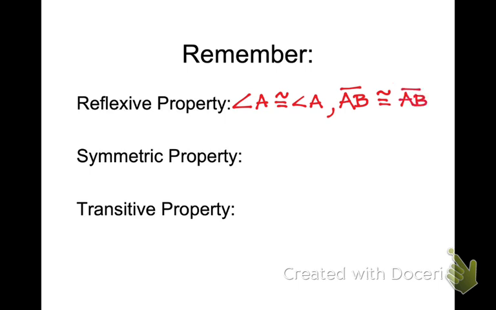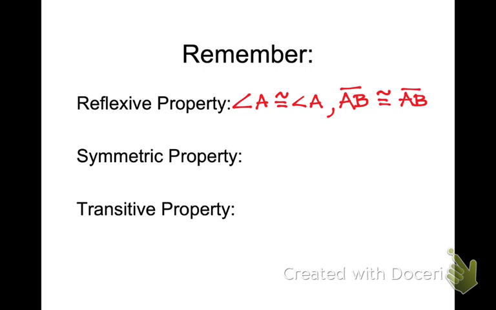Reflexive property. Now remember, in naming line segments, does order matter? Is line segment AB the same as line segment BA? Yes, it is. With rays, order does matter, rays would not be the same. But with line segments, the order doesn't matter. And there will be some times where we will have line segment AB congruent to line segment BA, and that's still okay because it's the same line segment.